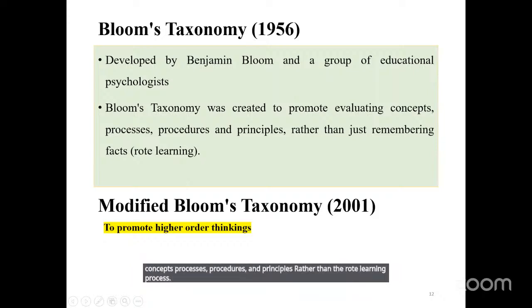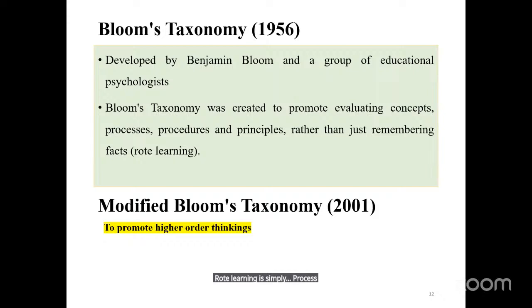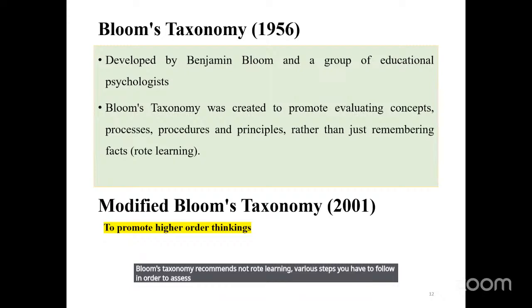Rote learning is simply assessing the student by looking at what he has written in the answer script, or by listening to what he has reproduced by by-hearting the thing given in the textbook. That is rote learning. Bloom's taxonomy recommends not rote learning, but various steps you have to follow in order to assess a student.